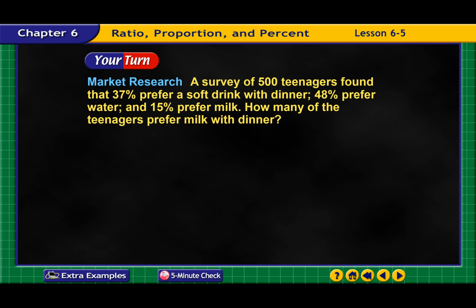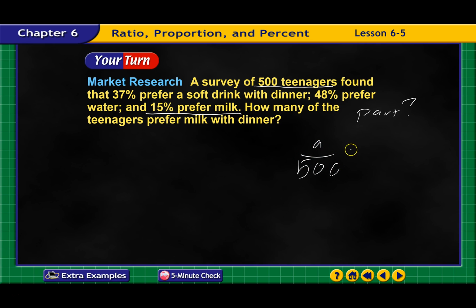All right, so a survey says 500 teenagers were asked; 38% prefer soft drinks, whereas other ones prefer water, and 15% prefer milk. How many teenagers preferred milk with their dinner? Okay, so here's my base. They want how many prefer milk, so I find the one that says prefer milk. Prefer milk is my percent, and I need to find the part. So we set that all up. I have my base of 500.